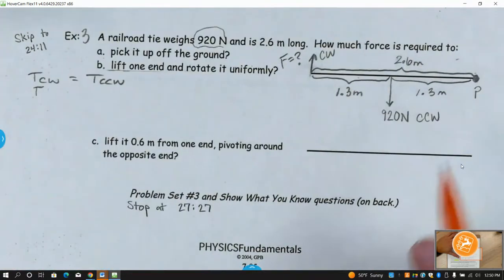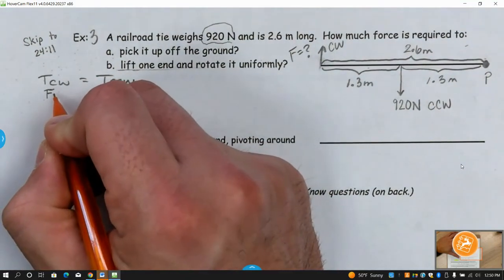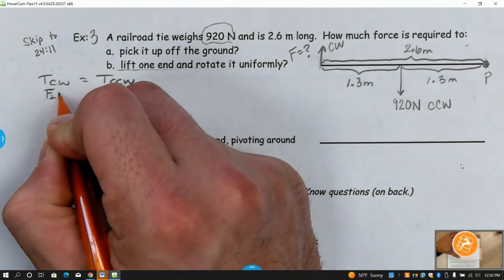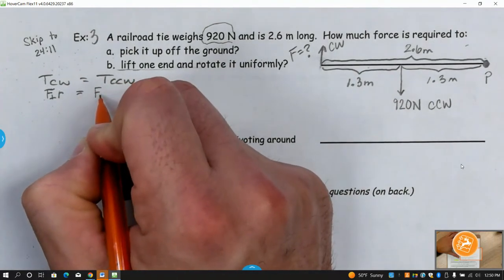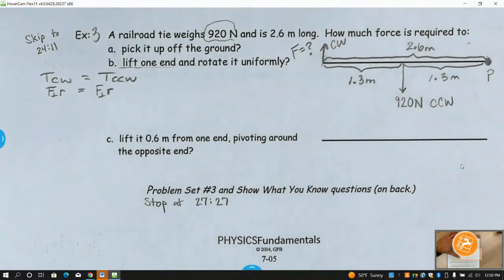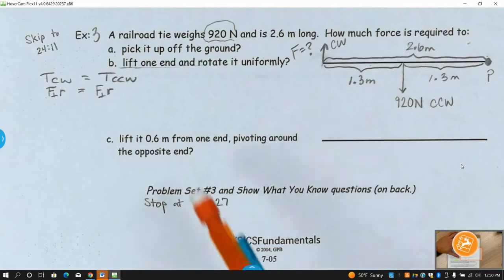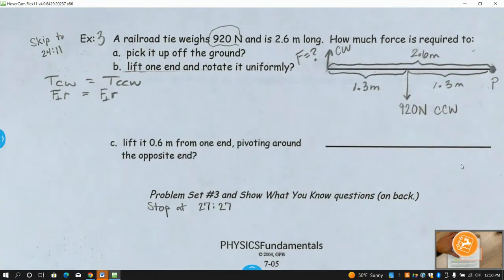Okay, so what is the equation for a torque? Force times R, which is your lever arm. What is R again? Lever arm is the what? The distance that the force is from your pivot point.